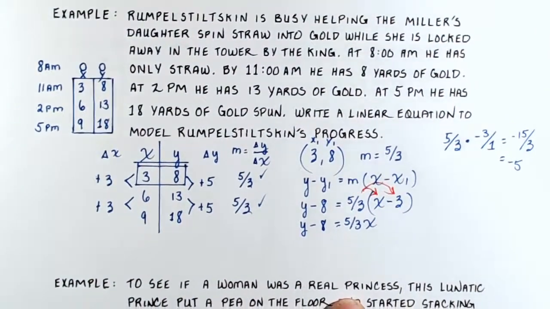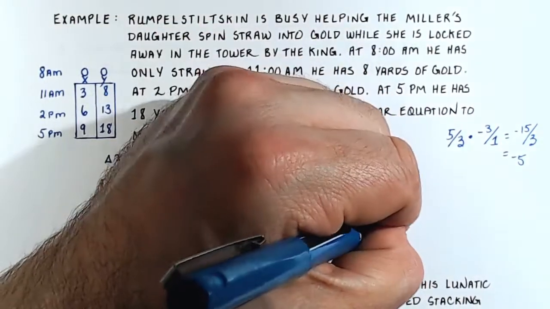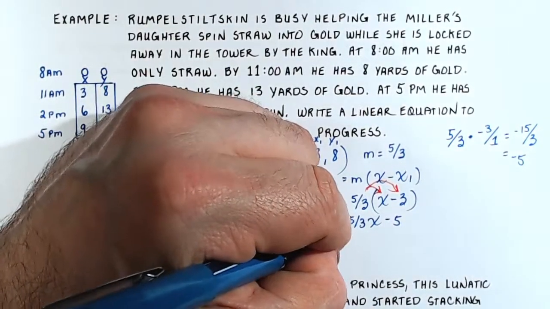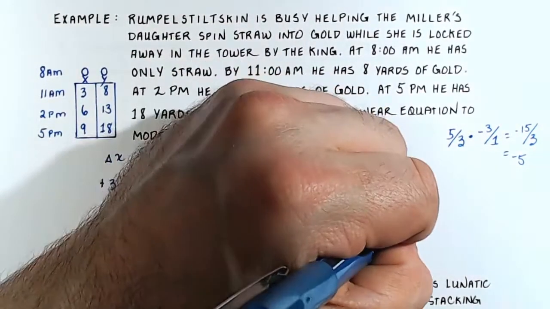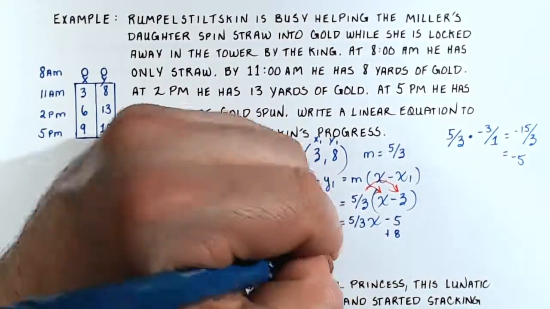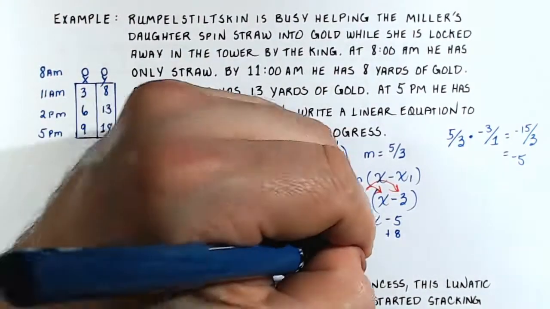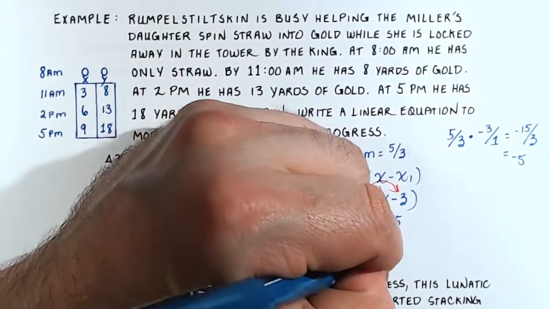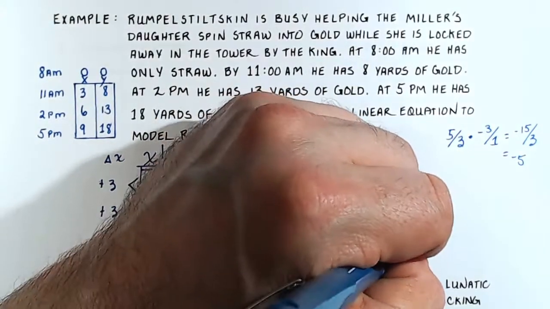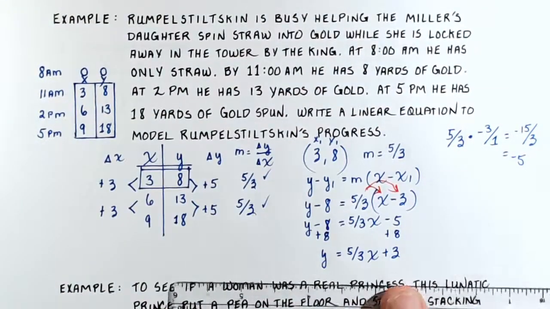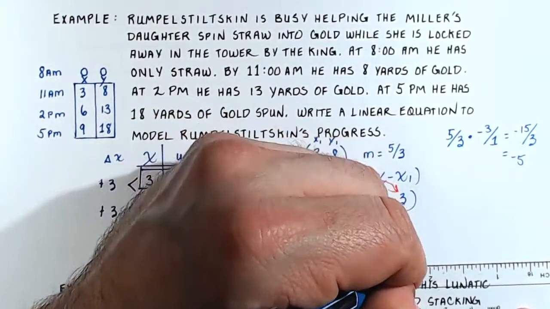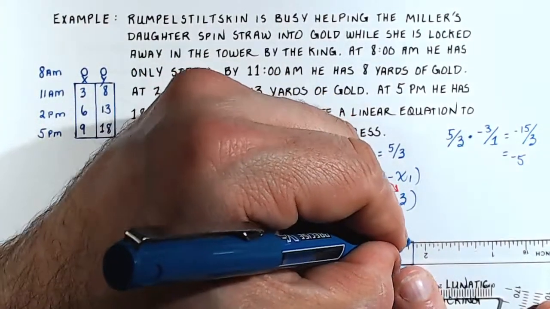So we just put 5/3 x minus 5. Now we add 8 to both sides. And I have y equals 5/3 x plus 3. -5 plus 8 is 3. There's the equation for how Rumpelstiltskin turns straw into gold.